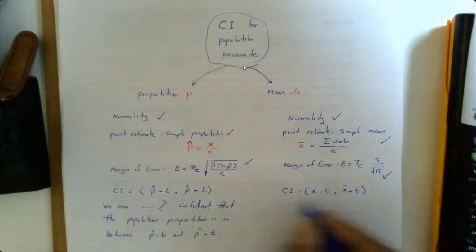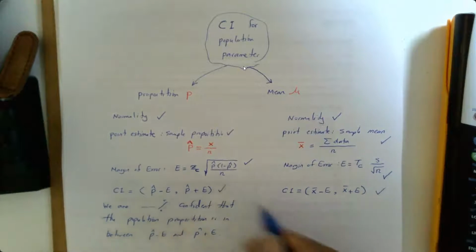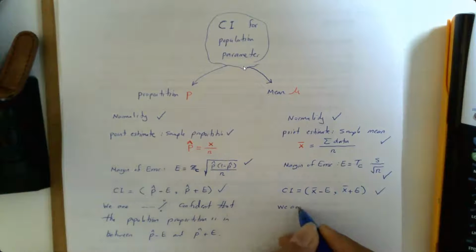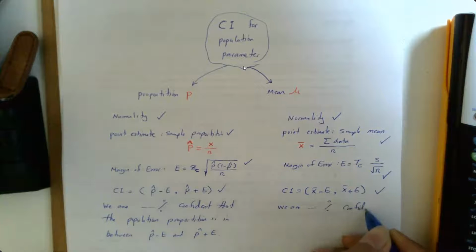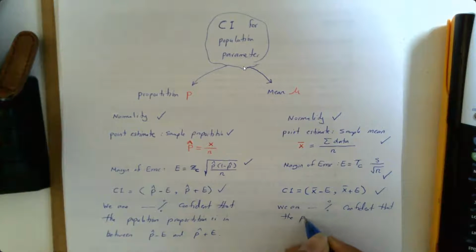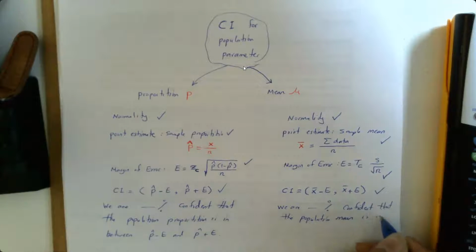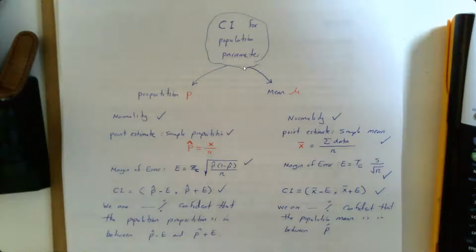So finally, we can say that we are blank percent confident that the population mean is in between X bar minus E and X bar plus E. Okay, let us fix this.